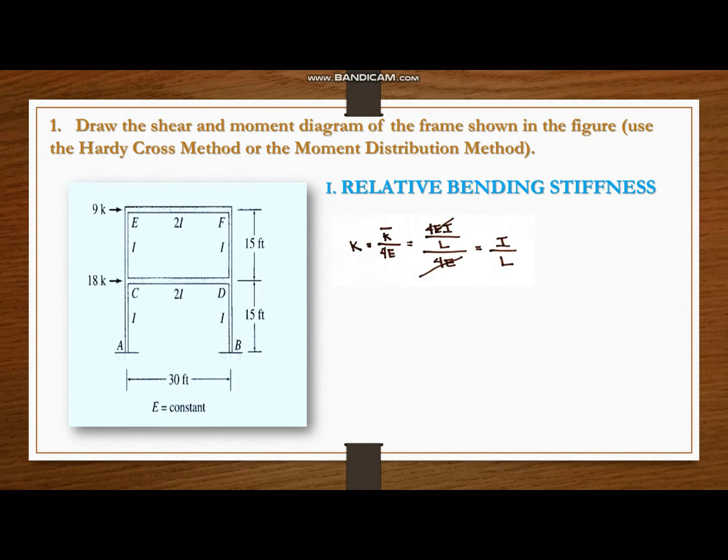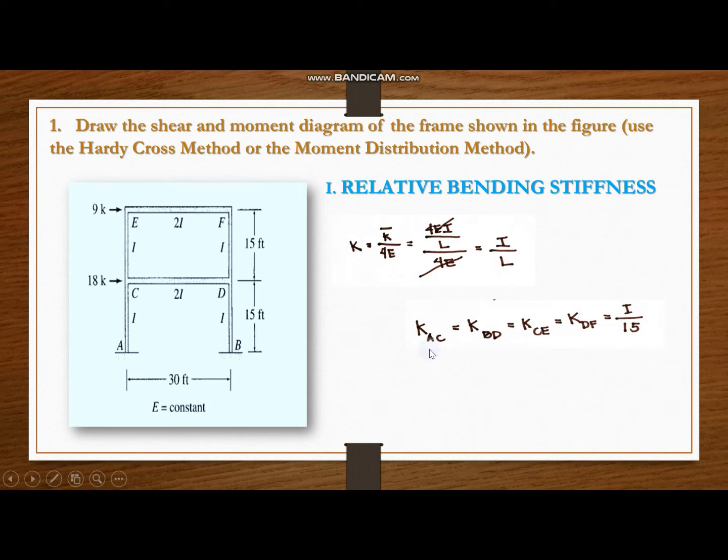The relative bending stiffness, our K, of a member is obtained by dividing its bending stiffness by 4E. So K is equal to 4EI over length, over 4E. Cancel 4E, and what is left is I, the inertia over length. So our formula for stiffness is K equals inertia over length.